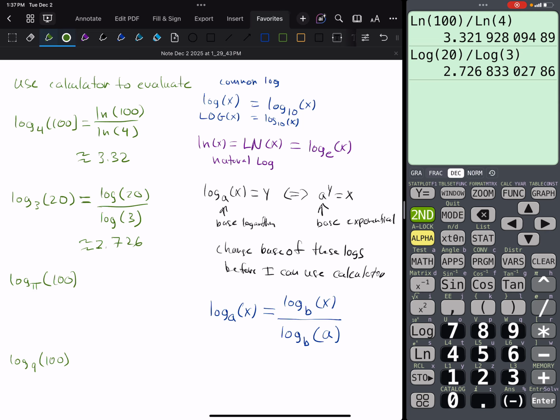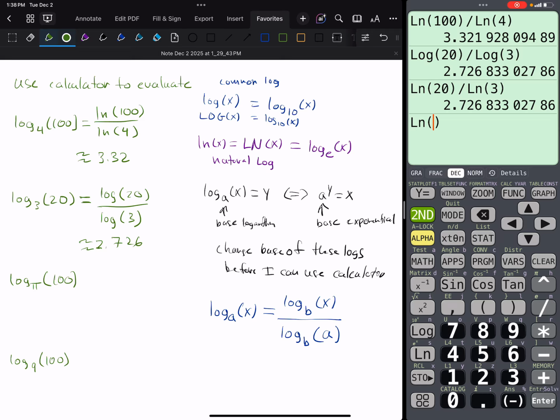You can see we can keep doing this, but real quick, let's test this idea that we could change it to any base we wanted. Let's do this same log of 20 over log of 3, but with the natural log. Natural log of 20 divided by the natural log of 3. All of a sudden, I'm getting the same thing.